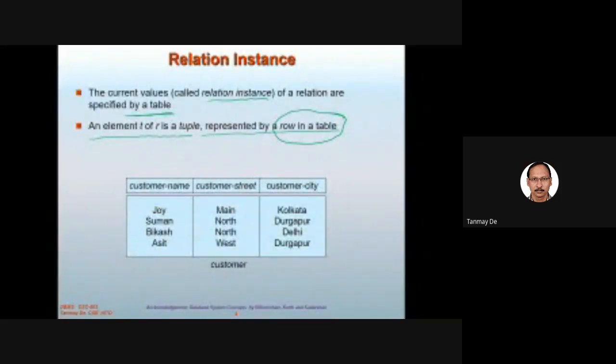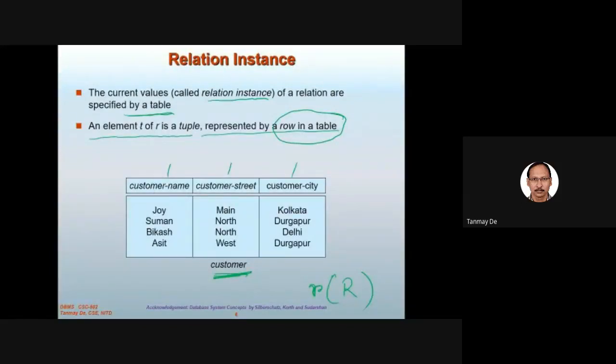This customer is also equivalent to a relation, a relation on the relation schema customer schema, which consists of the attributes customer name, customer street, and customer city.